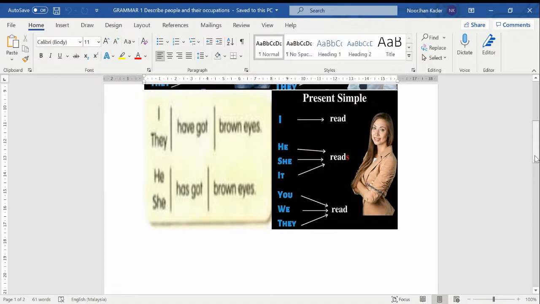Okay, and the last one, present simple tense. We are using the pronouns again as the subject to start a sentence, but here we have the present simple tense in a positive verb form.